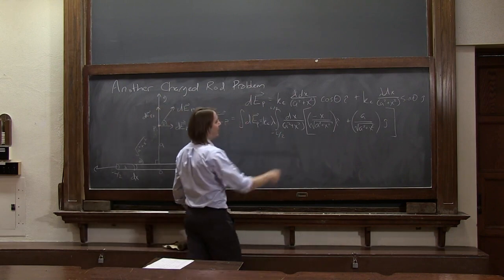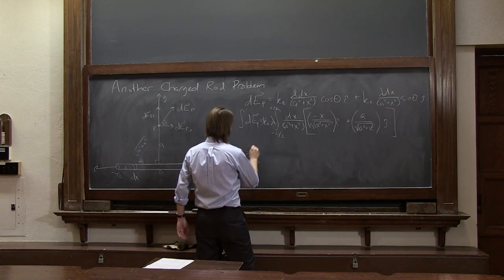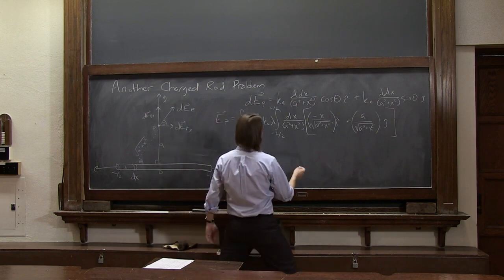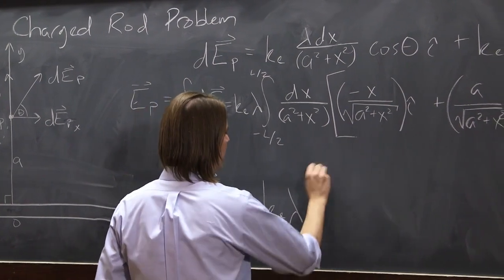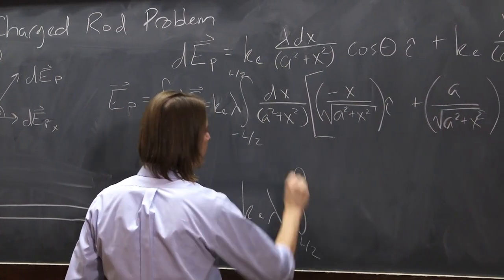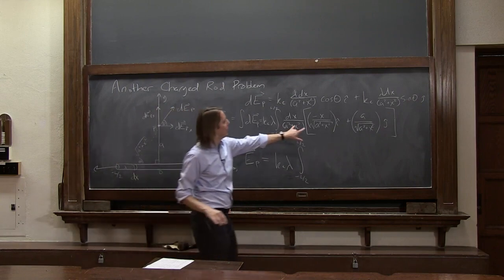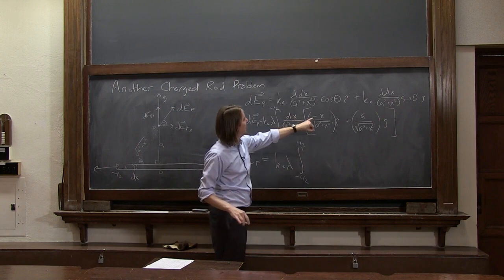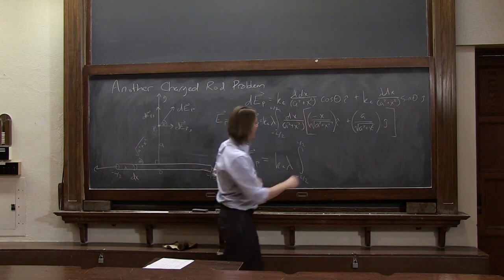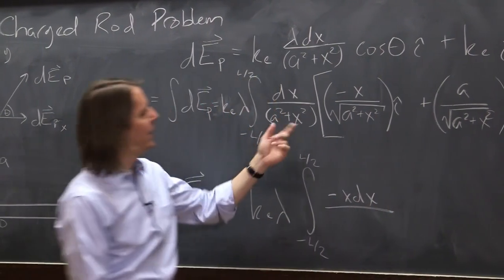Okay? So now we have everything in terms of x. So we can simplify it a little bit and say now our EP that we care about is equal to Ke lambda times the integral from minus L over 2 to L over 2 of, and now we're going to combine these. The first term will be minus x dx over, and now we're going to combine these denominators.